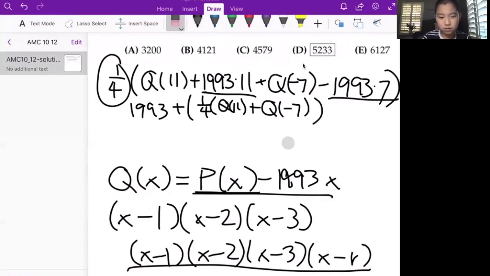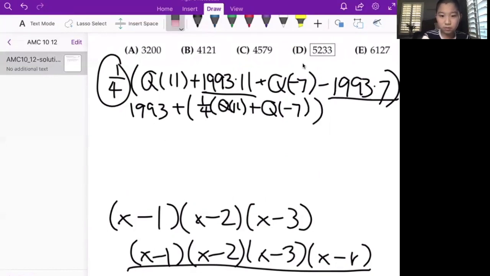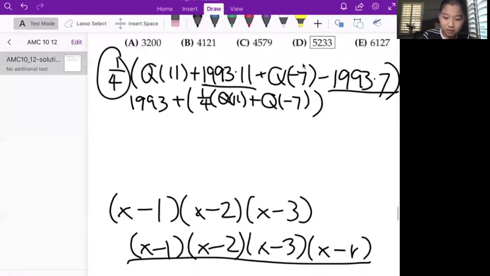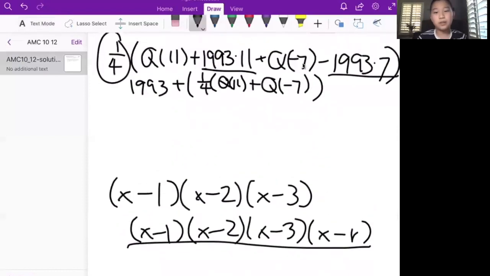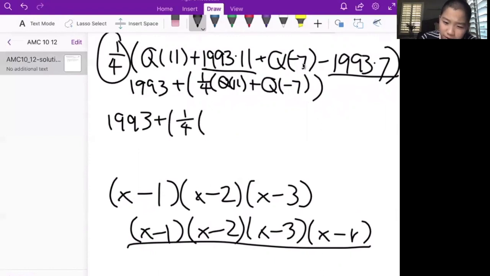We know that this polynomial q can be written in the form at the bottom. So let's write it in that form. 1/4 times q of 11, which is just 11 minus 1 times 11 minus 2 times 11 minus 3, and then times 11 minus r.